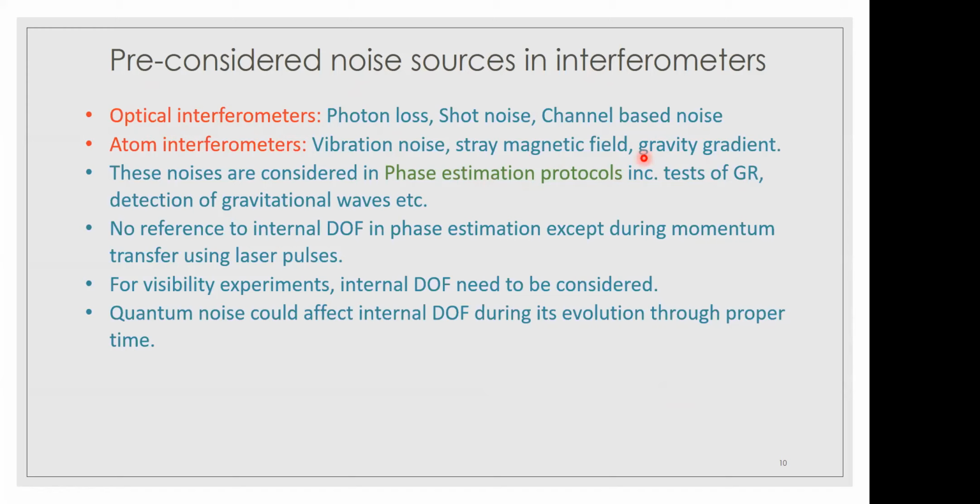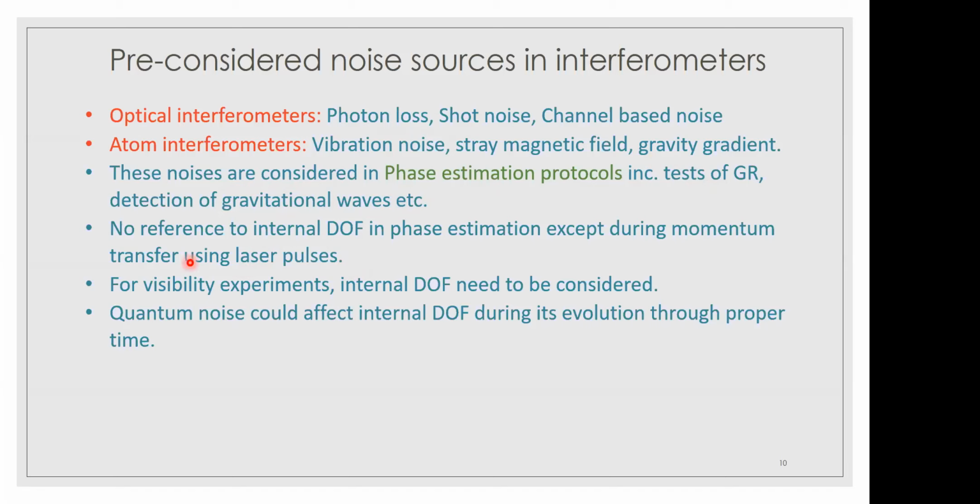Now, mostly when we talk about experimental papers, we see that these noises are discussed in the context of phase estimation protocols, which could include tests of GR and detection of gravitational waves, etc. And there is mostly no reference to the internal degree of freedom in phase estimation, except in atom interferometers when you have to use them to impart or reduce the momentum for use in interference.